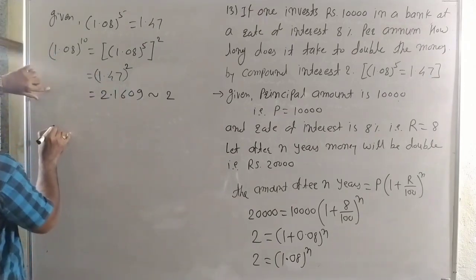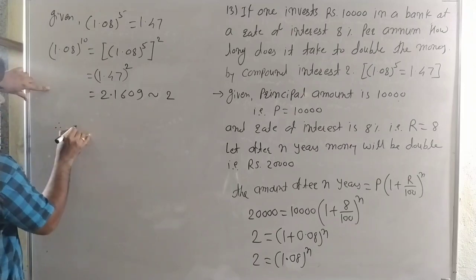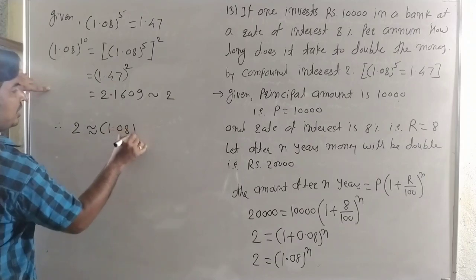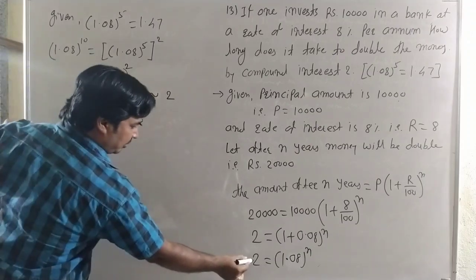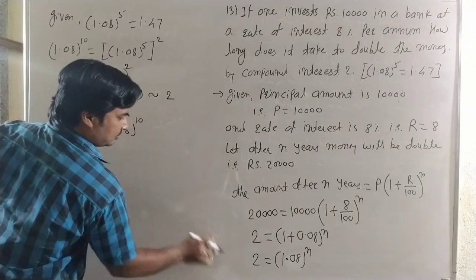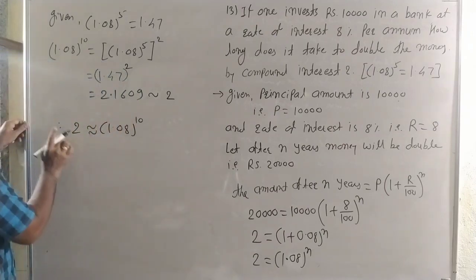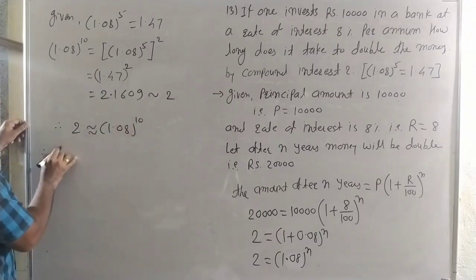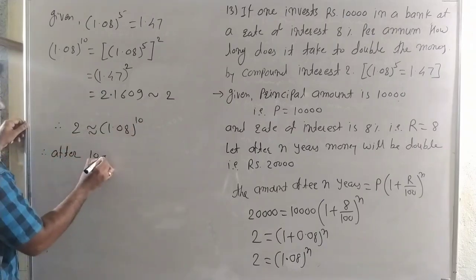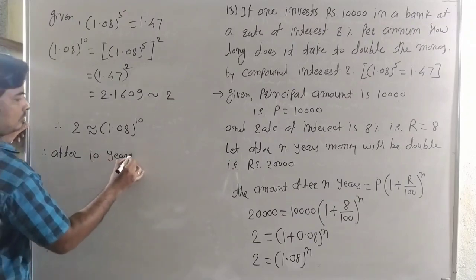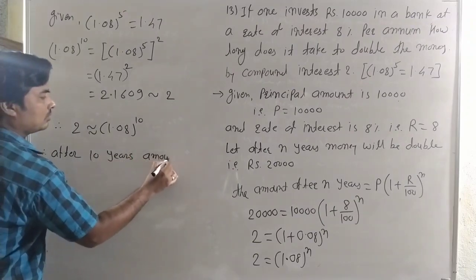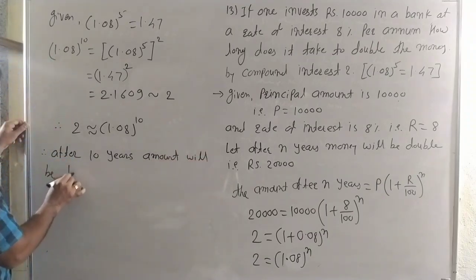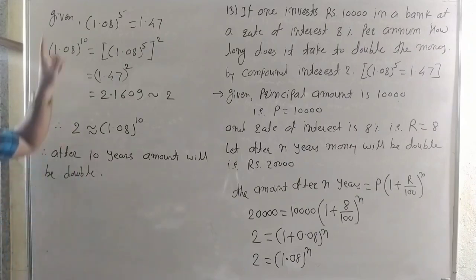Therefore from this calculation, 2 is near about 1.08 to the power 10, and therefore after 10 years the amount will be double. See carefully this.